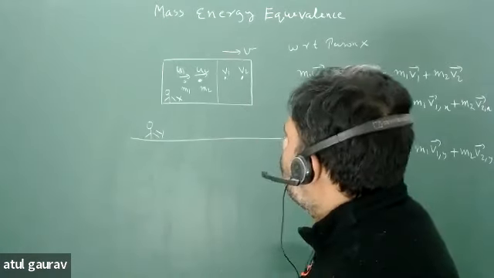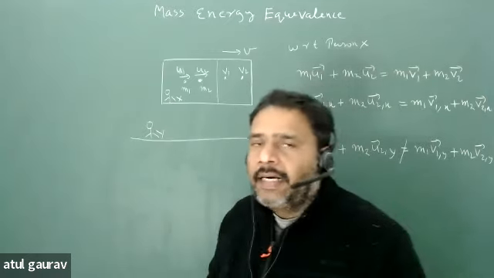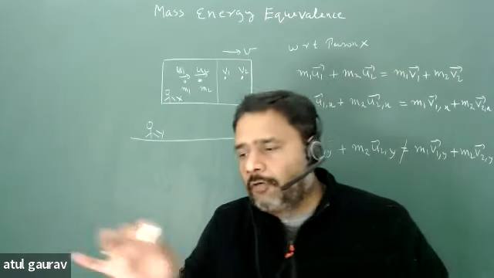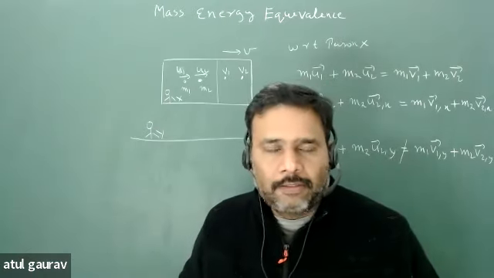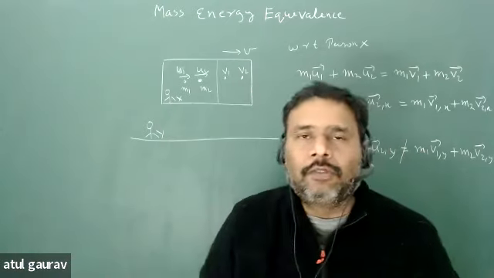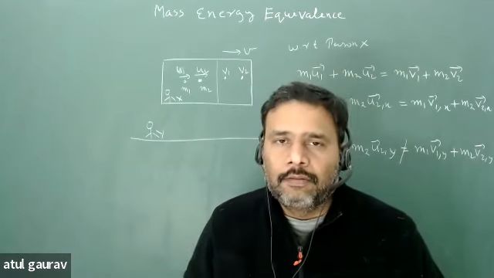Before relativistic mass, what is his idea? Einstein says that any mass can be equivalently converted to energy and any energy can be equivalently converted to mass. This is his mind-blowing idea.